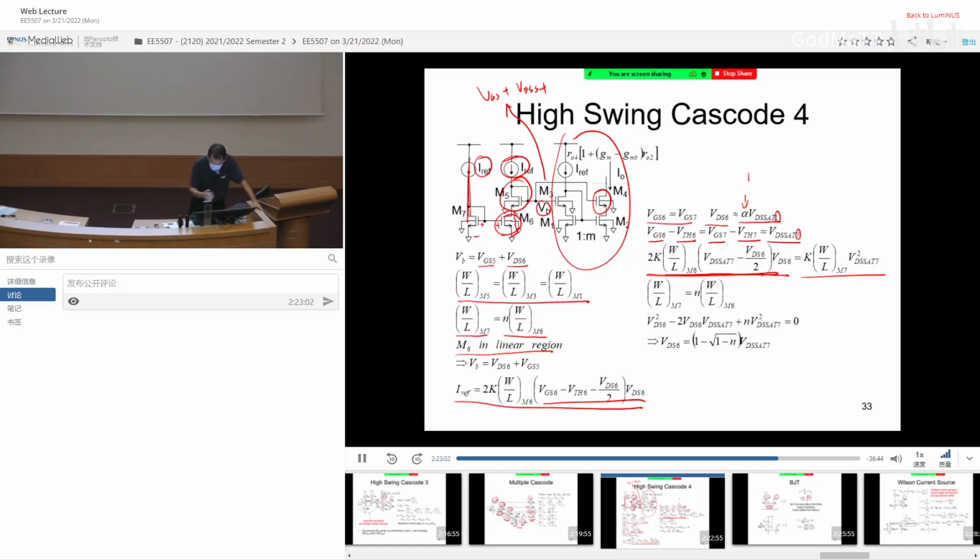Okay, and after manipulating, you end up with a quadratic equation over here, and then you will end up with the following formula over here. And you notice that in solving all these things, the threshold voltage never appeared. So therefore, this whole method doesn't suffer from the threshold voltage mismatch.